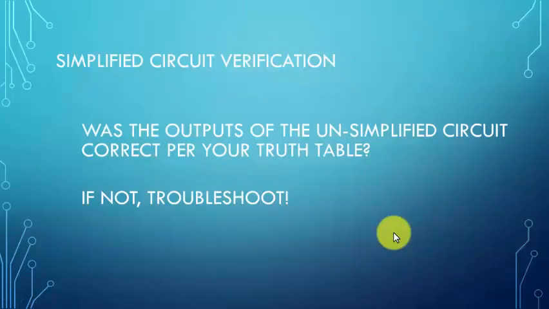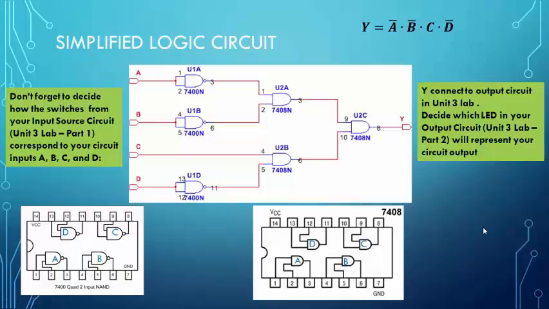Then you can test the circuits to see if the circuit output is the same as the truth table you derived. For the simplified circuit, the Boolean expression is output equal to A' and B' and C and D'.